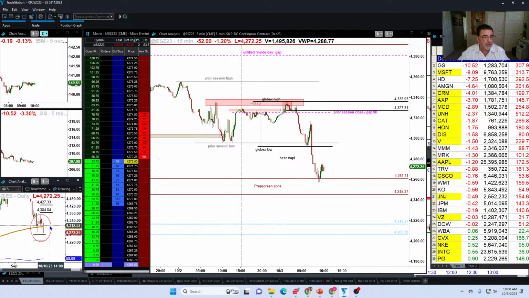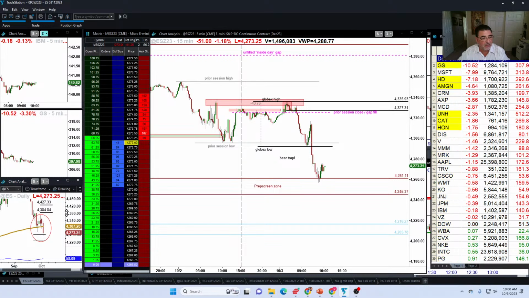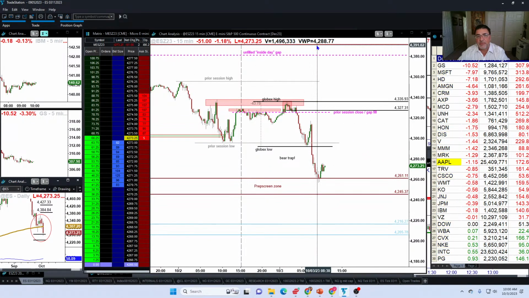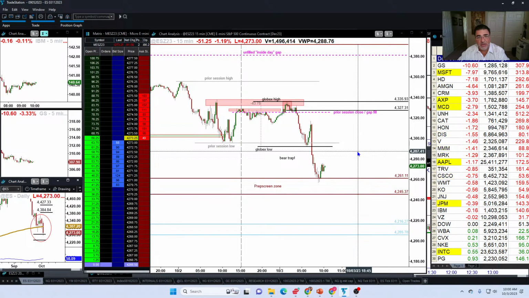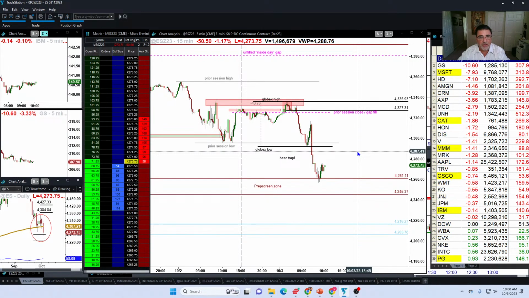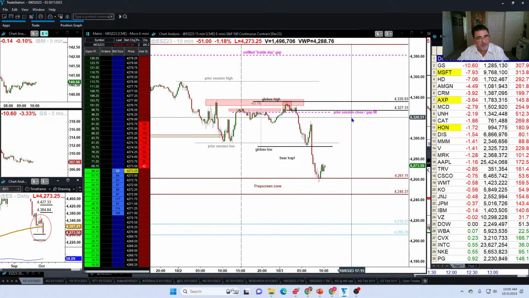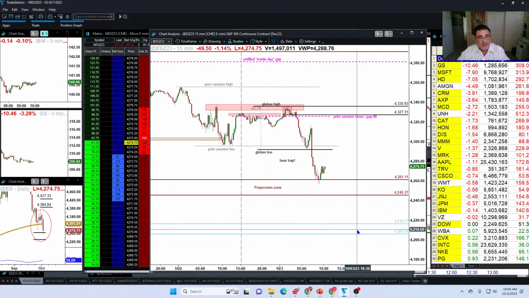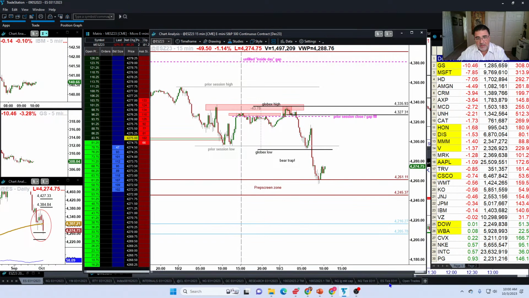So we have the 200 simple moving average, which we want to close above, and that's at 307. Volume weighted average price is at 42.88, just before approaching the Globex low. And we're anticipating the gap fill. Stage is still set.